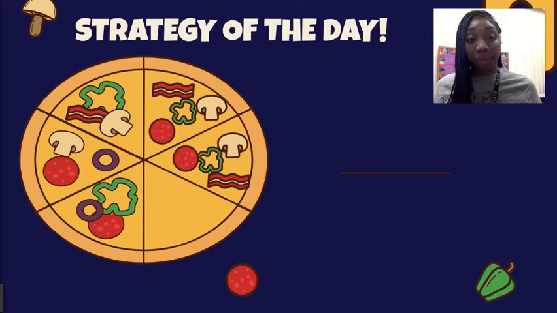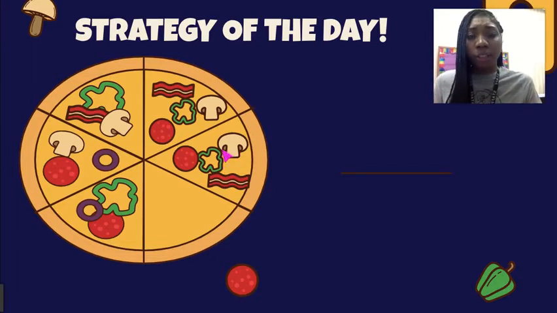Let's try one more time together, okay? I think we're starting to get the hang of this fraction thing. What do you think? Yeah, I think so too. So now let's try this one together. Let's count how many parts make up the whole pizza.